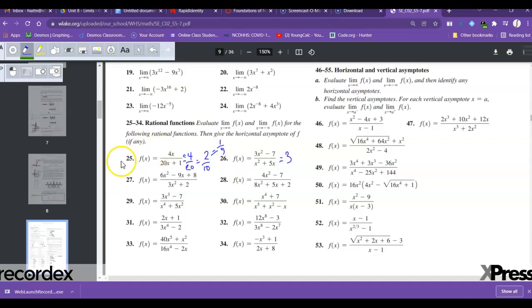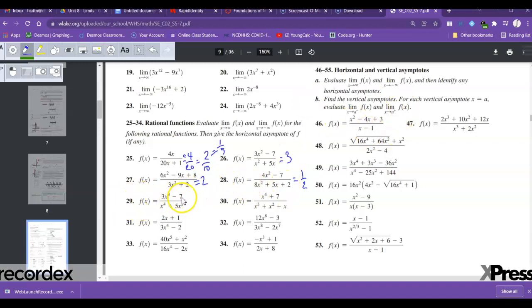Whenever I look at 27, again, exponents are the same here, so 6 divided by 3, I could tell this is 2 right away. For 28, x squared and x squared, exponents are the same, divide your coefficients, Eats DC. 4 divided by 8, of course, will reduce to 1/2. So these should be really quick whenever you're doing this.